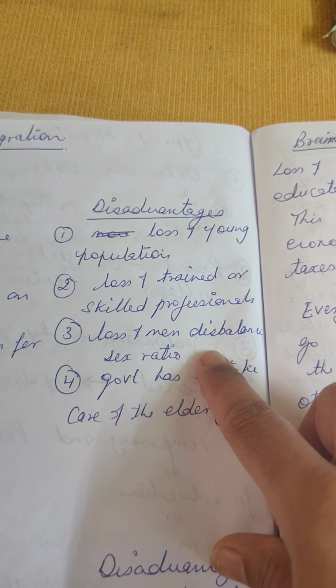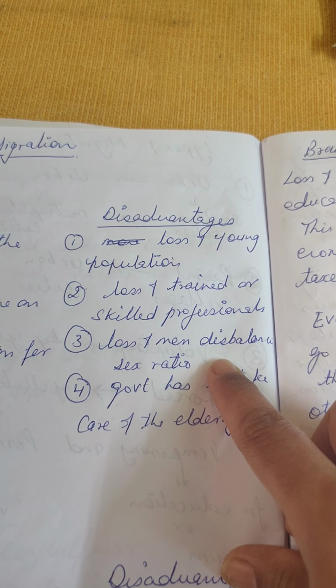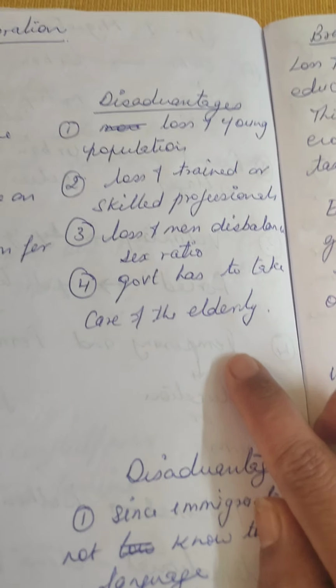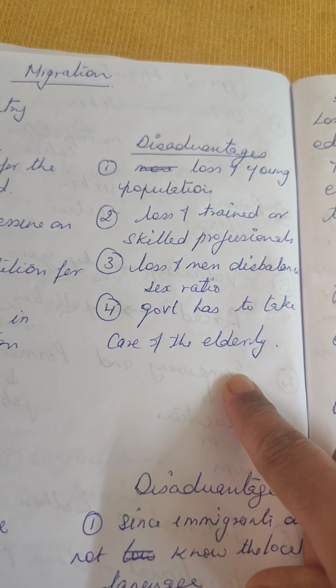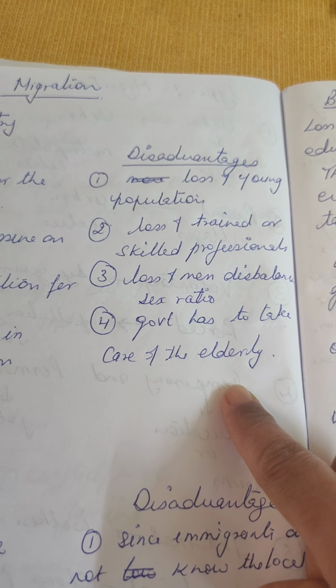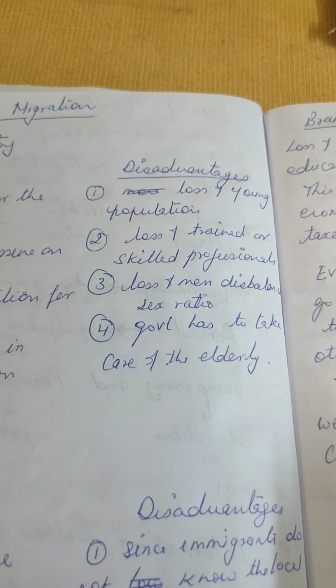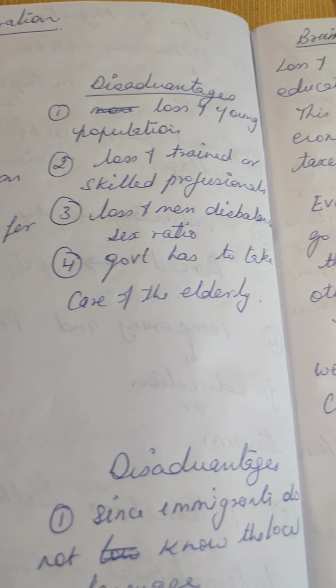Then there is an imbalance between men and women, the sex ratio, and when you go out you leave your old parents behind, so the government has to take care of the old parents. The government becomes responsible for the elderly of your family rather than you being responsible for them. So the government has to feed fewer people, but its responsibility also increases.